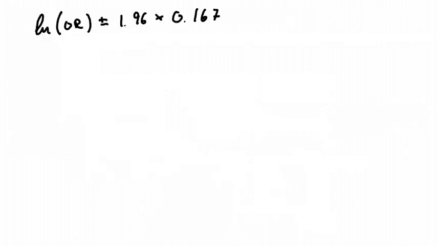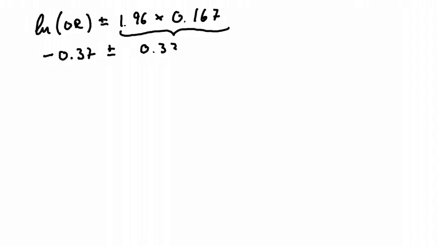So now we've got our standard error of the ln odds ratio, and we need to multiply that by 1.96. So we would get negative 0.37, that was our log odds ratio, plus minus 0.33. So we can calculate the upper and the lower bound for our ln odds ratio.